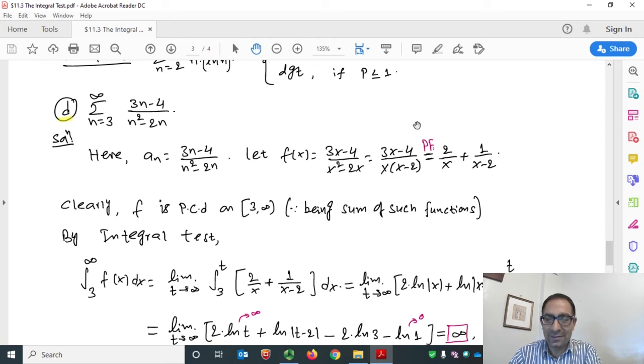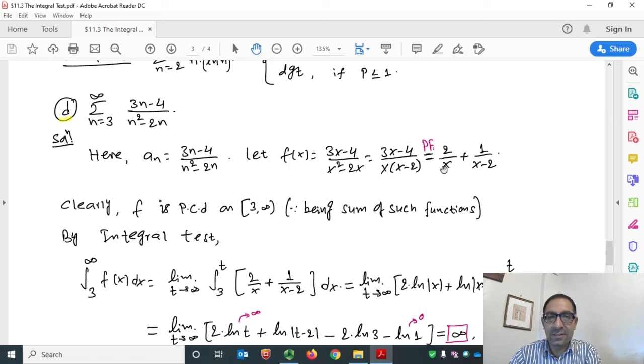Use the partial fractions technique. Then we can rewrite this fraction as 2 over x plus 1 over (x minus 2). Clearly, f is PCD on 3 to infinite. Now here, f is a sum of such functions.